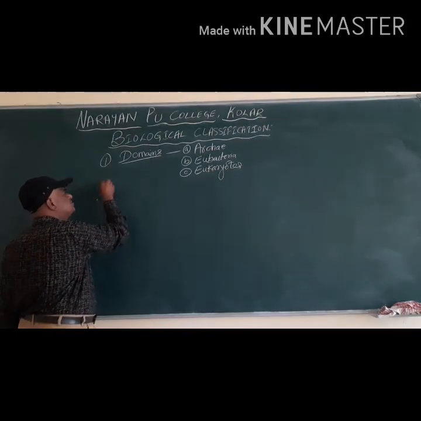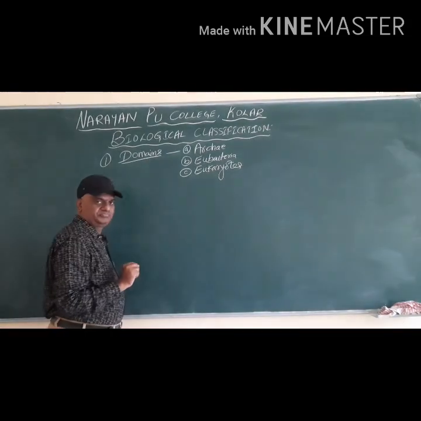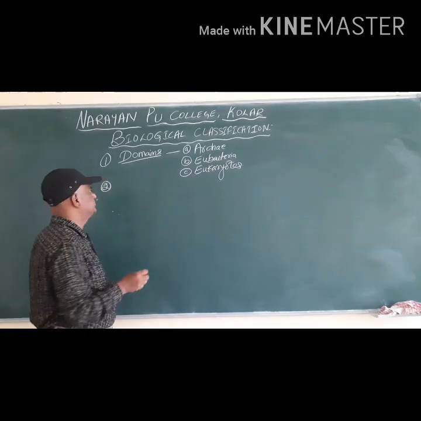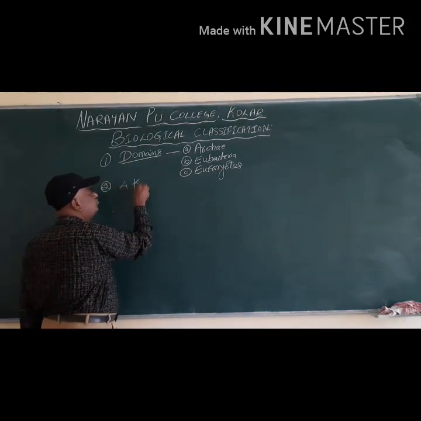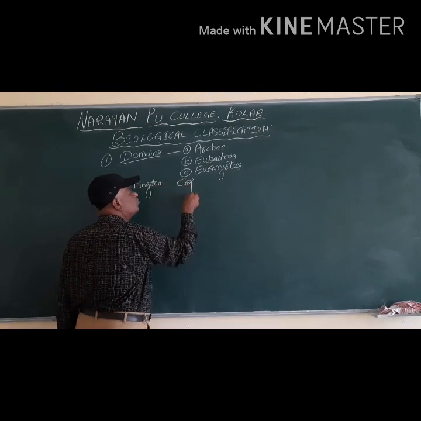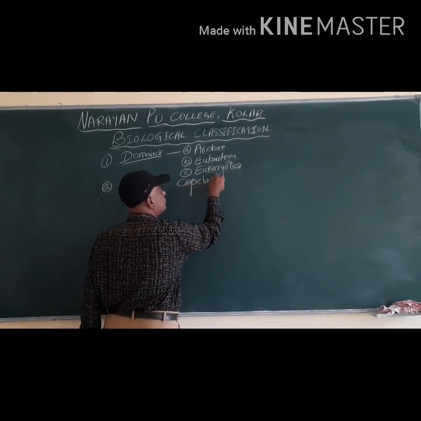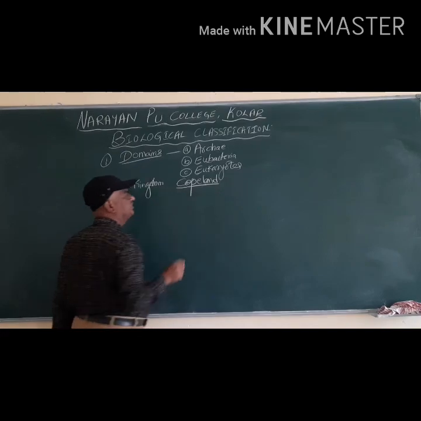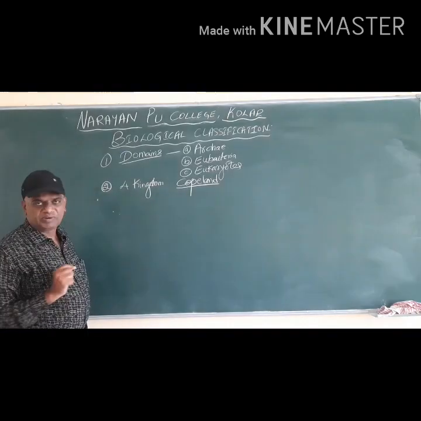The second question is, who proposed the four kingdom classification? The four kingdom classification was proposed by Copeland.